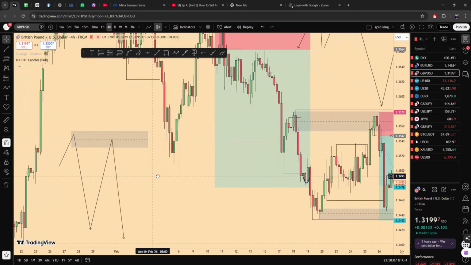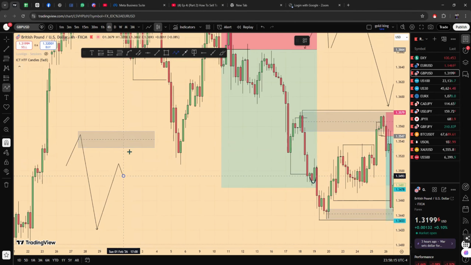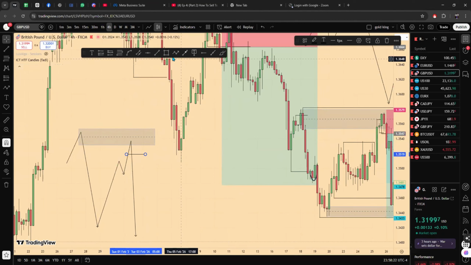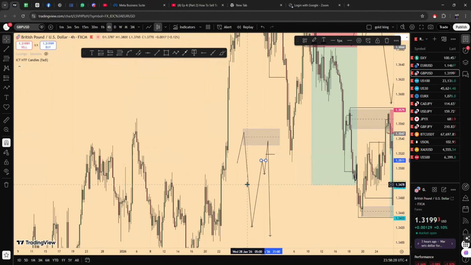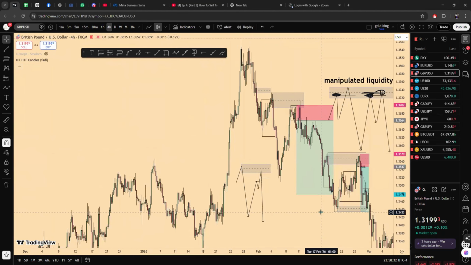But what you're looking for is that price, on its way up to that point of interest, should at least give you a stop hunt so that you can use your model 1 entry around that level, knowing that there's a stop hunt into a point of interest. That should be the assignment, or what you should be looking out for.